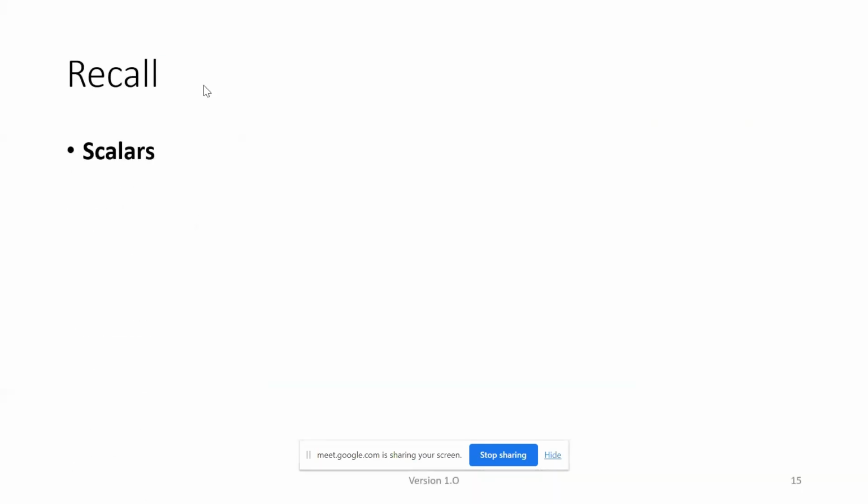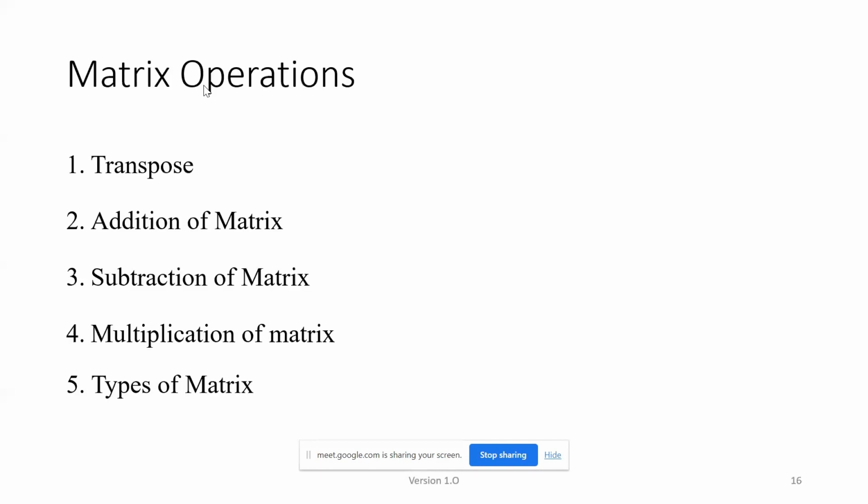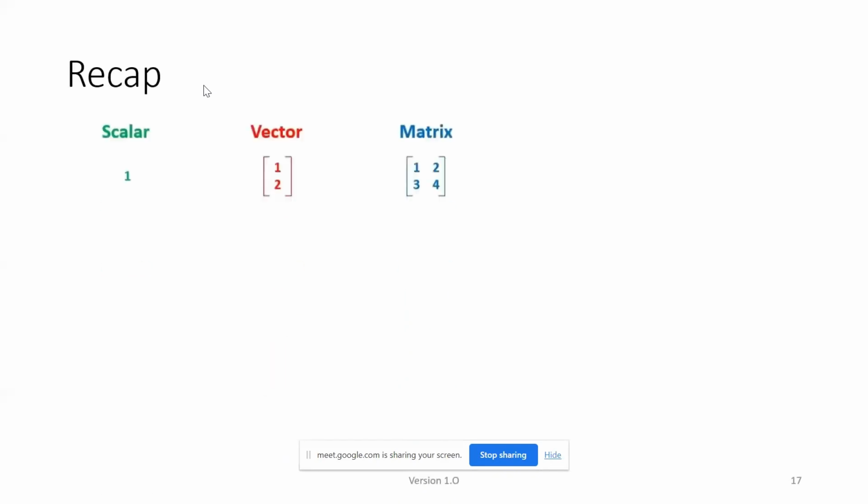So till now, we have discussed concepts like scalars, vectors, matrices, tensors, and also we learned some operations on matrices. Most of the operations are performed on matrices because a scalar is a single entity.